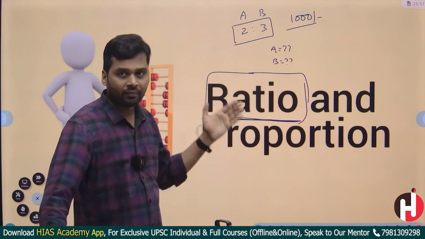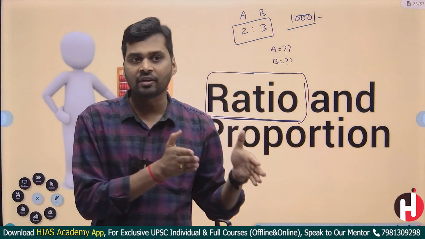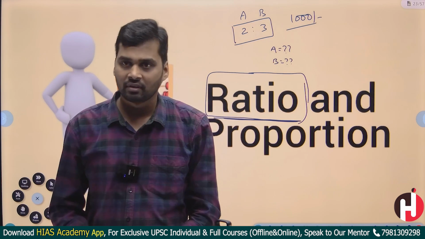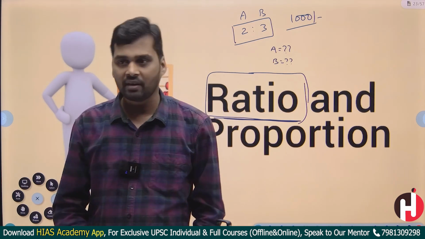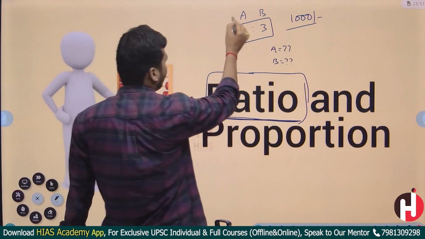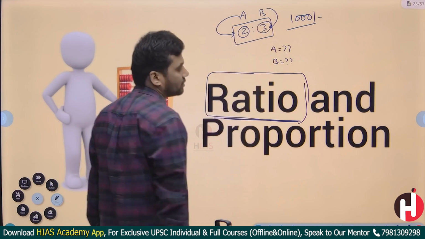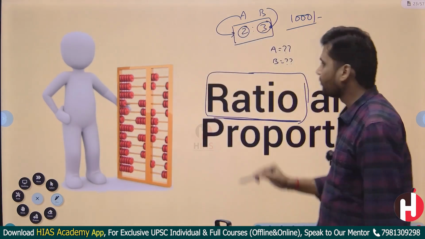He understands the problem in such a way that A is taking 2 parts, B is taking 3 parts. In simple language, ratio is nothing but dividing into parts. So A is taking 2 parts, B is taking how many parts? 3 parts. Total how many parts? 5 parts.